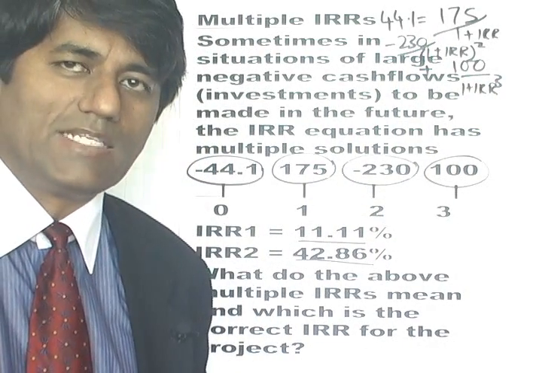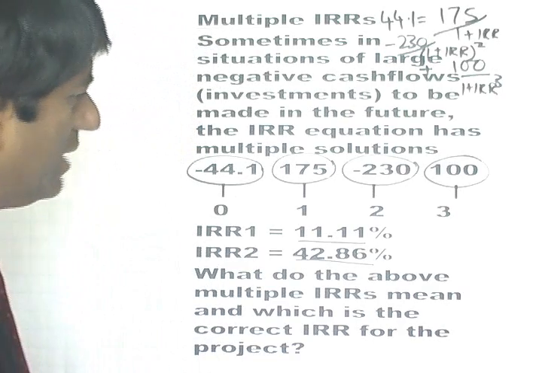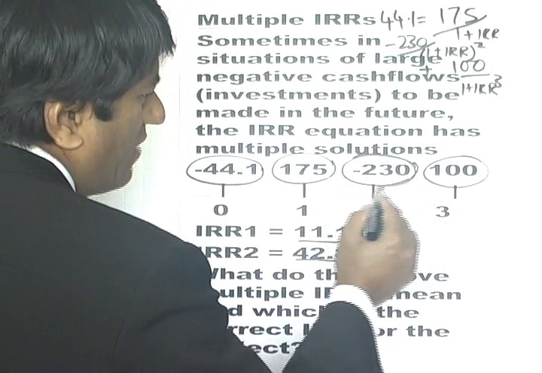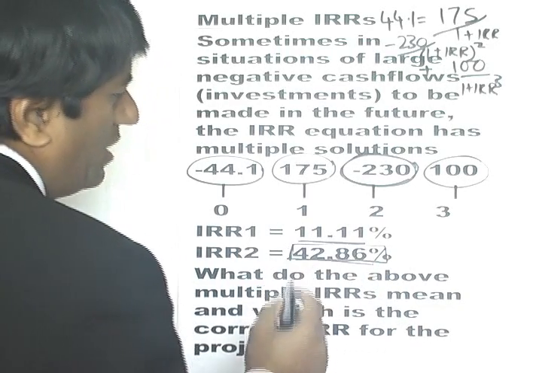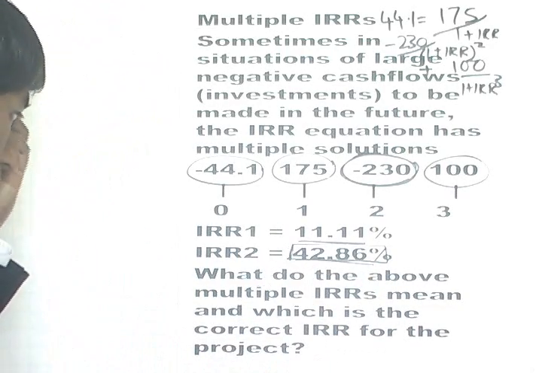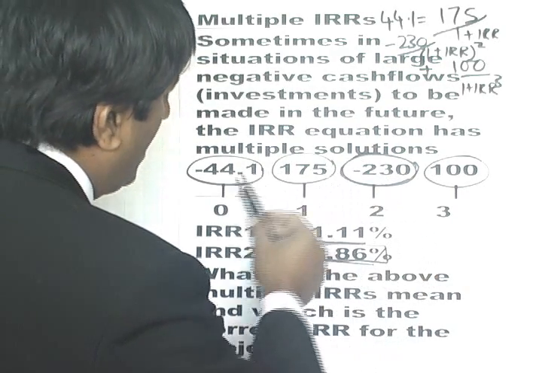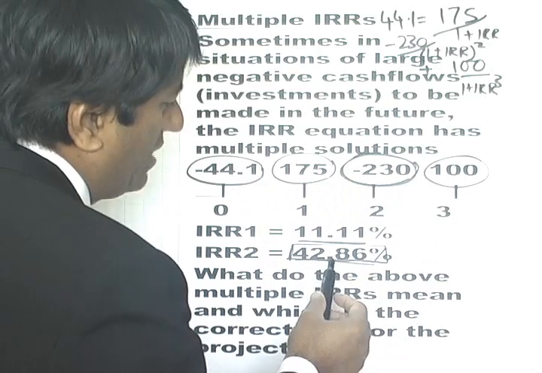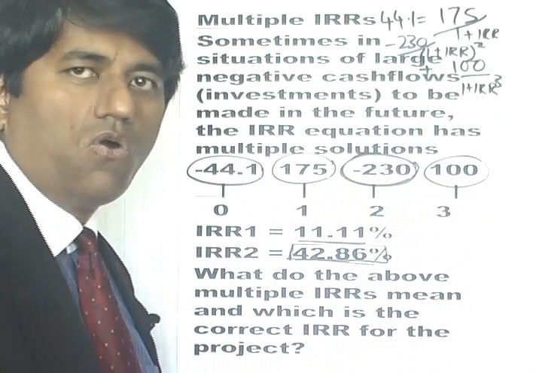Now, why do you get these multiple solutions, and do they really make sense? Well, the thing which is happening is there's this large negative cash flow, and if you say that this IRR is 42.86, what it's doing is that it's saying, okay, if you were to discount this back to the present at a 42.86 rate, then this equation holds.